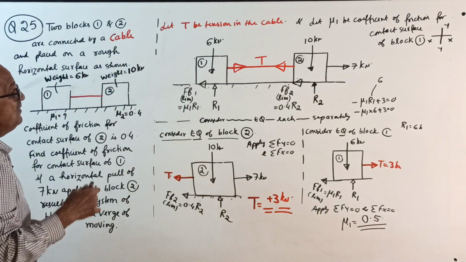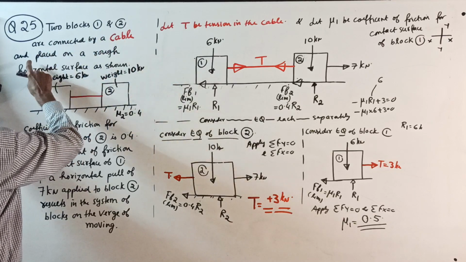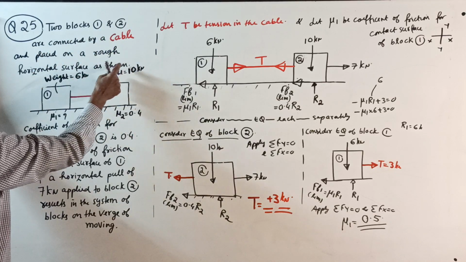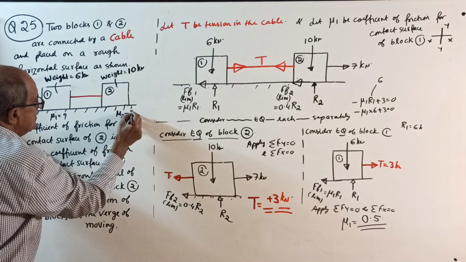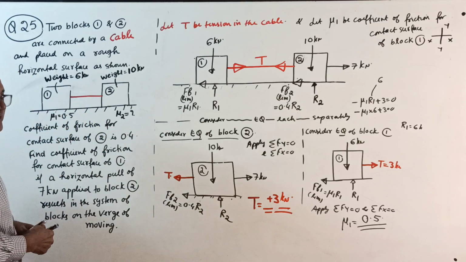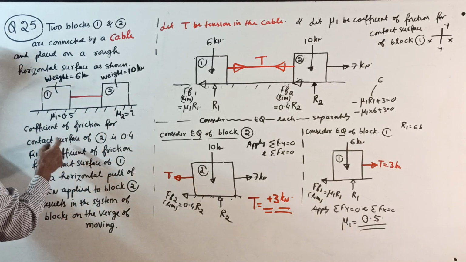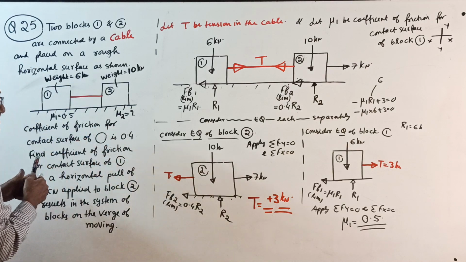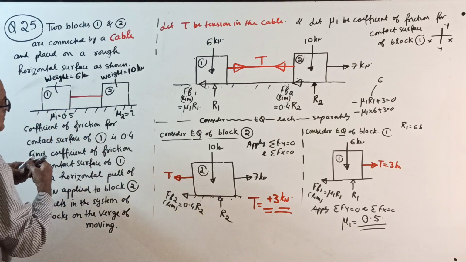Two blocks 1 and 2 are connected by a cable and placed on a rough horizontal surface as shown. See, correct the question, new question. The coefficient of friction for contact surface of block 1 with this surface is 0.5.